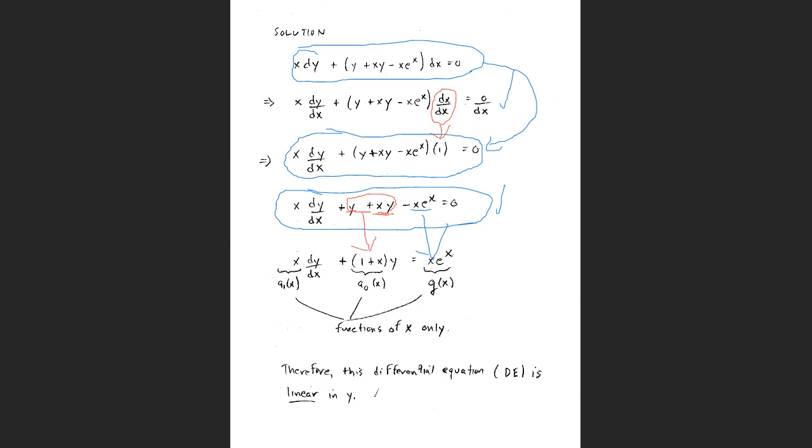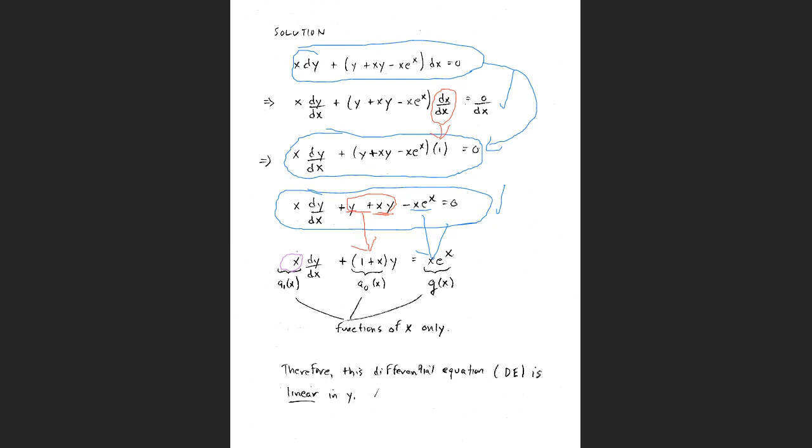So now I'm in a position to determine if I have a differential equation that's linear with respect to y. And it turns out I do. Because these functions here, the coefficient function x in front of the first derivative, that's a function of x.